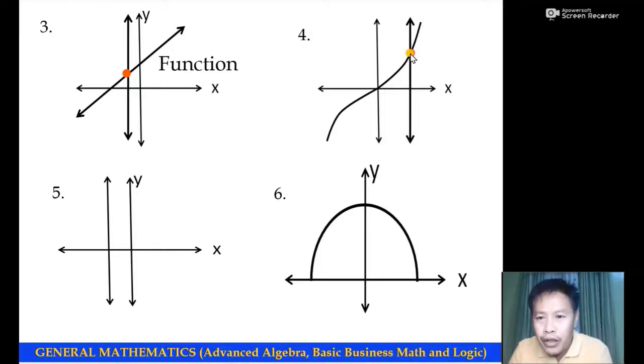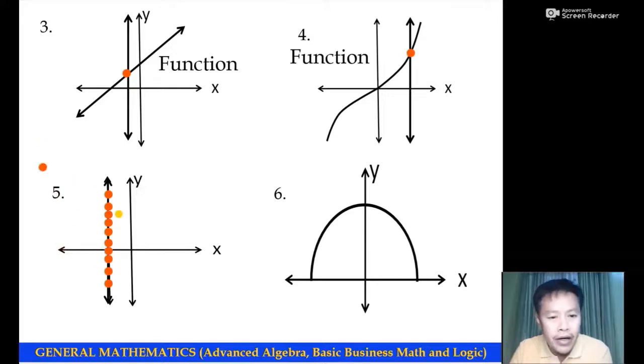You have only 1 point of intersection. Drawing a horizontal line, you can also have 1 point of intersection. Therefore, this is a function. And this is also one-to-one. Now, here comes our graph. Okay, that is our vertical line. How many points of intersection? There are infinitely many points of intersection.